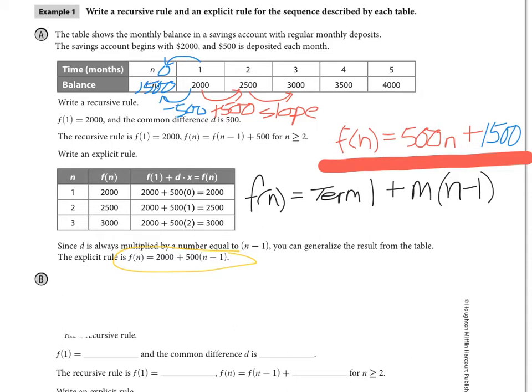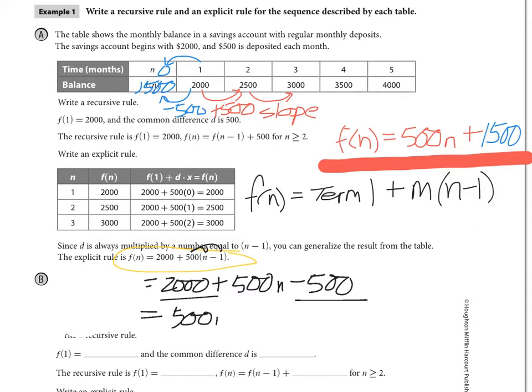I'm going to take their equation, so that's 2000 plus, and I'm going to do the distributive property. It's going to be 500n minus 500. Now watch, if I take those two, which are like terms, and I do 2000 minus 500, then I end up with 500n plus 1500, which is the exact same thing that I got right up here.